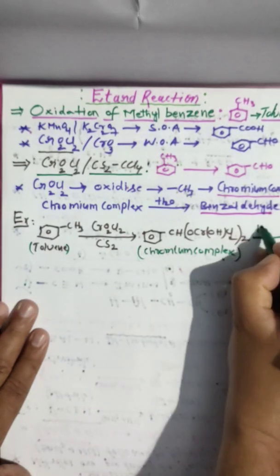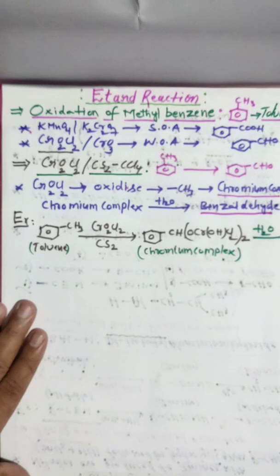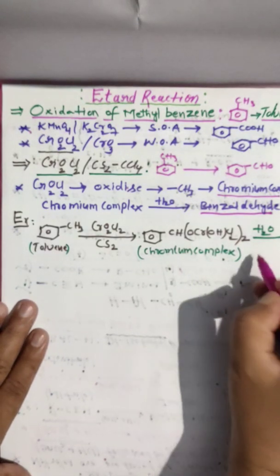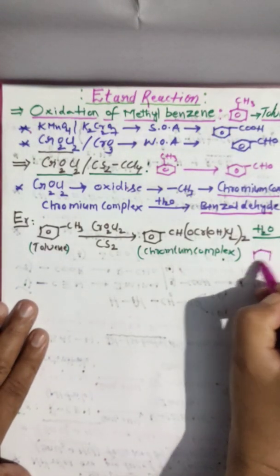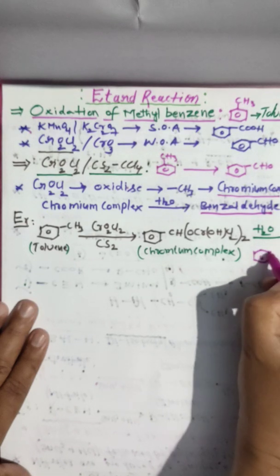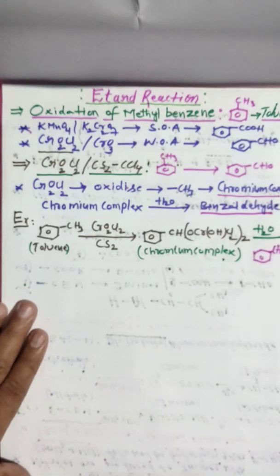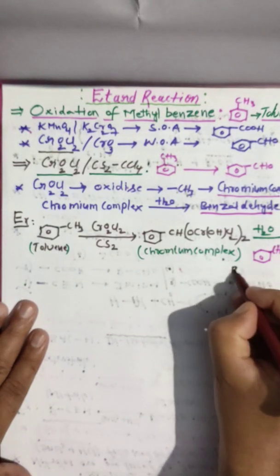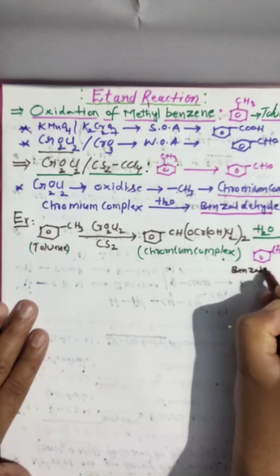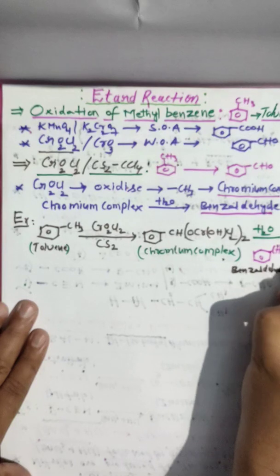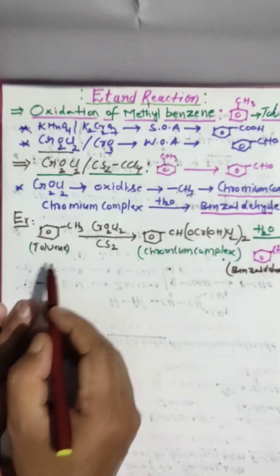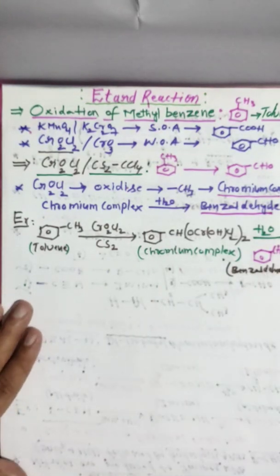Further, this is subjected to hydrolysis, and you get the product benzaldehyde. So toluene to benzaldehyde you are getting.